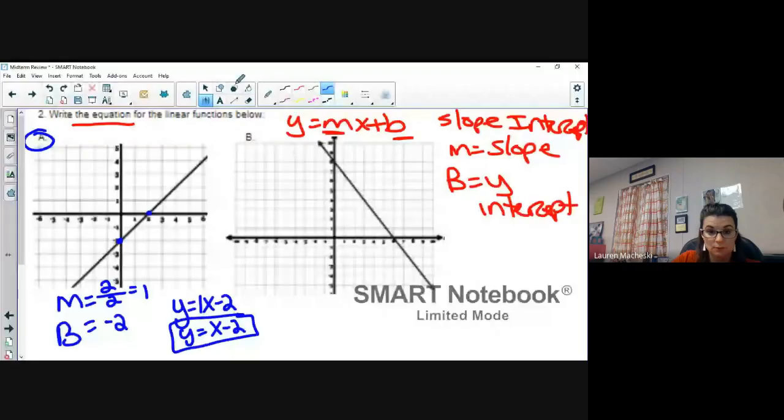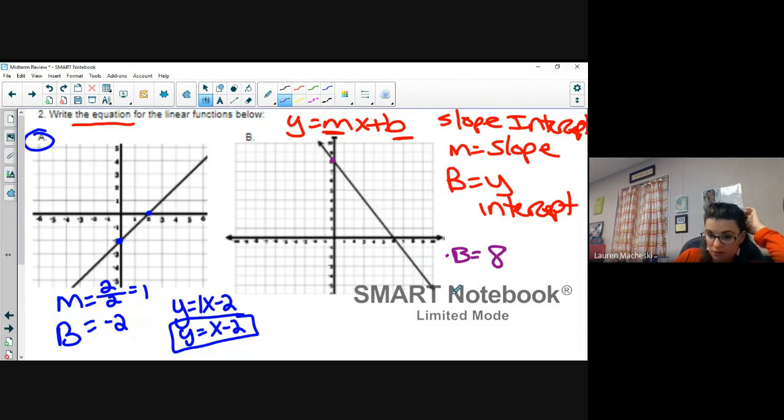All right, let's go back here. So this second one, if you look at that, that looks like it decreases. And I see it crosses right here at +8, so your y-intercept is +8. Because it decreases, that means that your slope is negative, right?